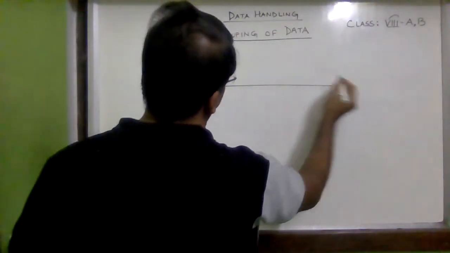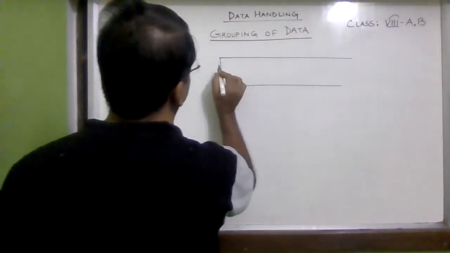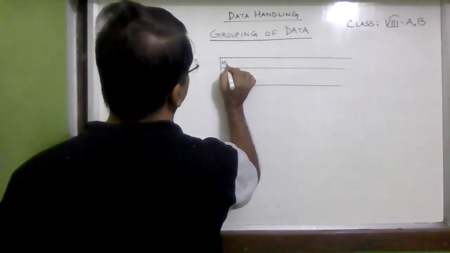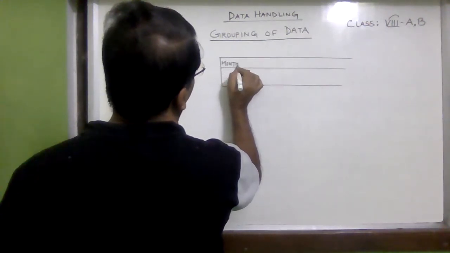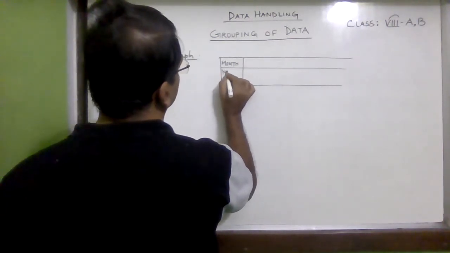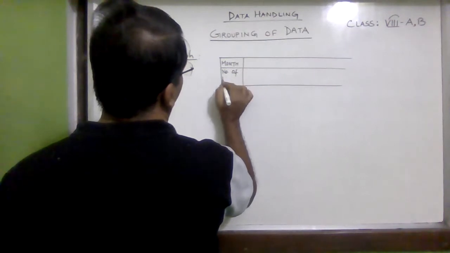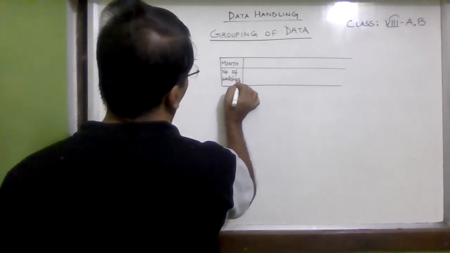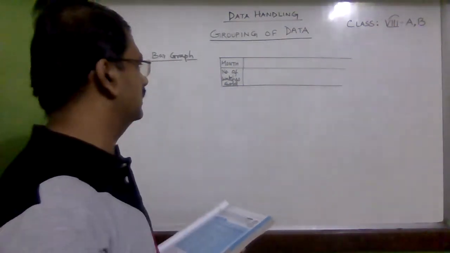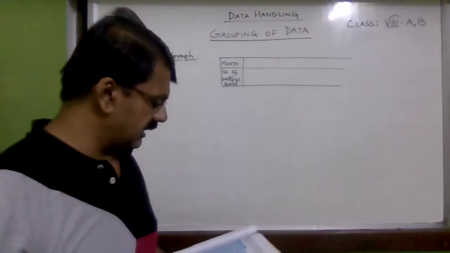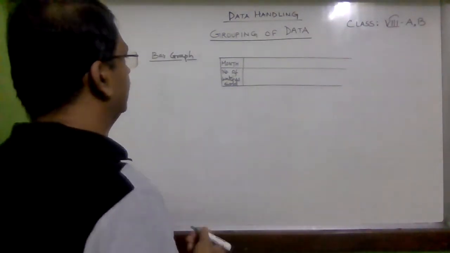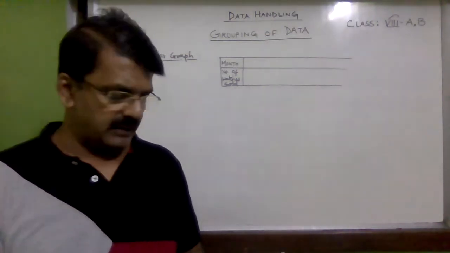See, month, number of watches sold. So in a shop selling watches, in various months, how many watches are being sold?